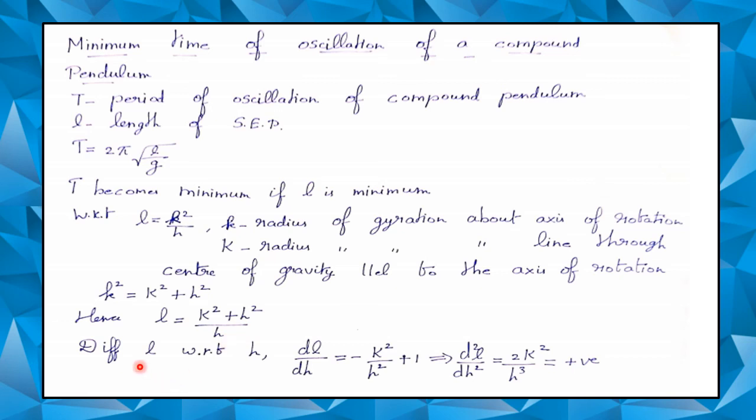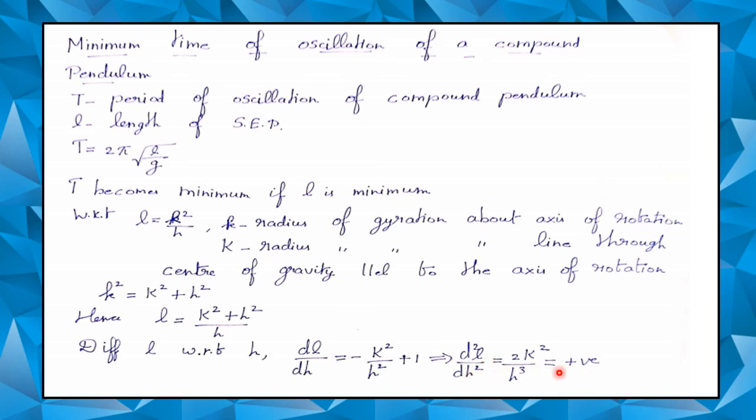Now to find the minimum value of T, we will differentiate L with respect to h. So dL by dh is equal to minus K square by h square plus 1. Differentiating again, d square L by dh square is equal to 2 K square by h cube. So we get a positive value.